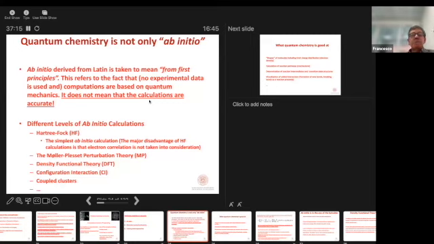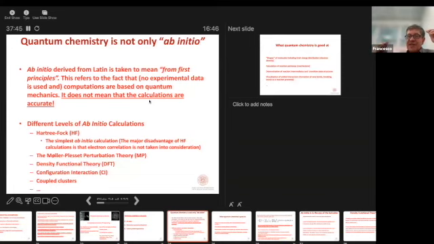Perhaps the most famous ab initio calculation is the so-called Hartree-Fock approach, which has lots of shortcomings. The disadvantage is that the approximation is such that the electrons don't truly... Now, if somebody hears me saying this, I will be chased out of town.